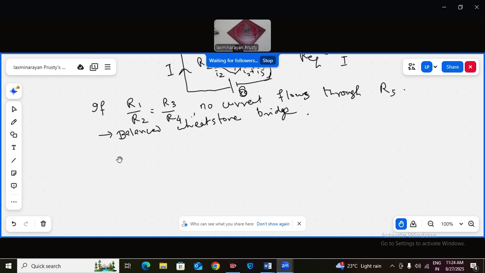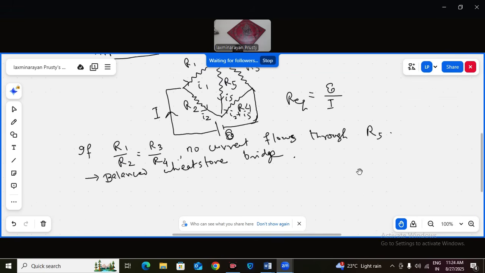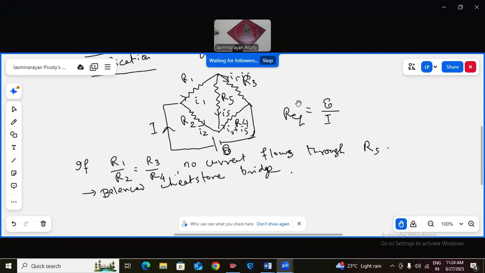But suppose it's a balanced Wheatstone bridge, since no current will be flowing through R5, then I can remove this even if it is joined, but no current is flowing. So this is as good as removed. There is no potential difference across this, because I5 is 0, then I1 will be flowing through this, I2 will be flowing through this.